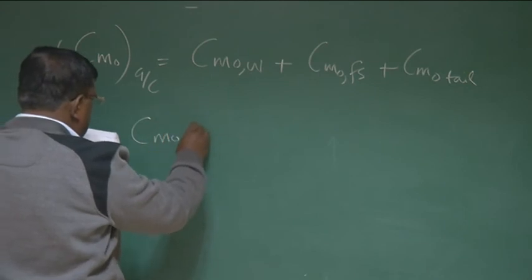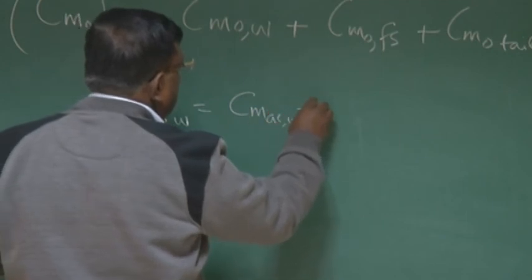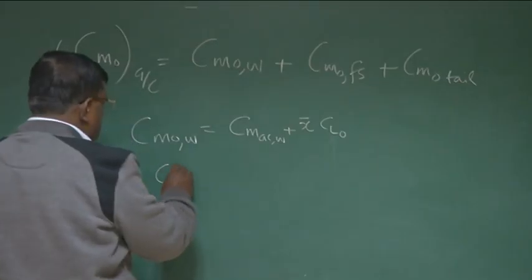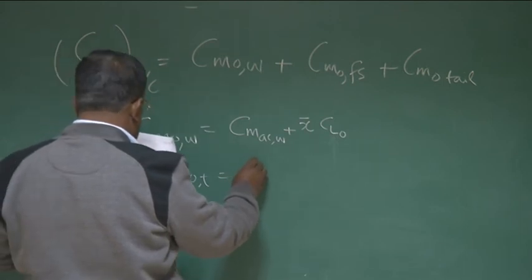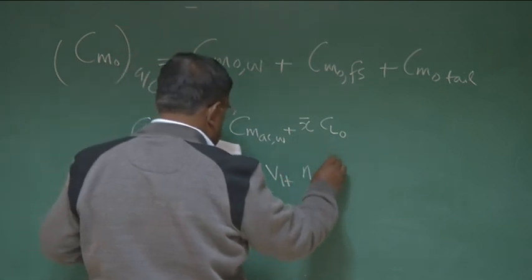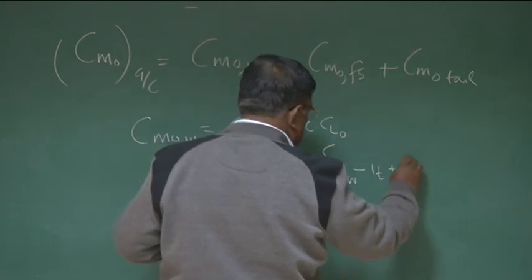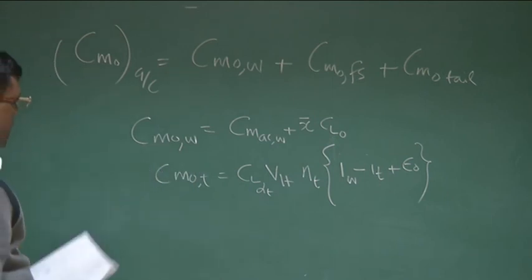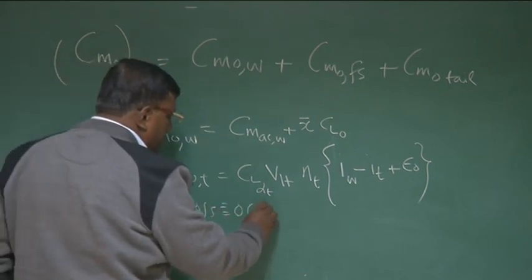Cm0 due to wing, I can write as Cm AC wing plus x bar into CL0. And Cm0 tail I can write as CL alpha tail into VH eta T into (IW minus IT plus epsilon naught). You have already seen this derivation, and we are saying Cm0 fuselage we are neglecting now.